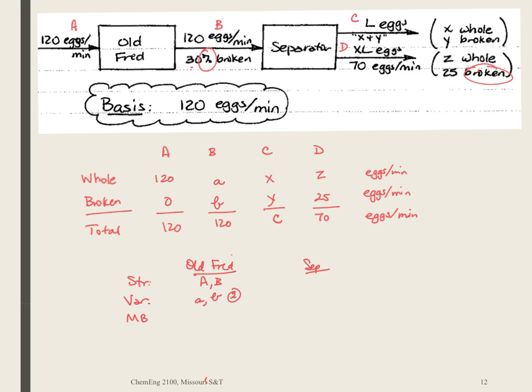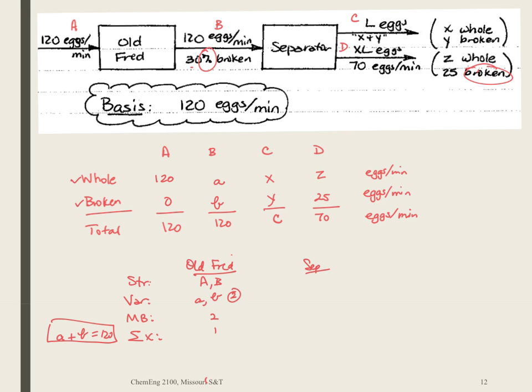My material balances, I have 2 types, so my material balances I can do whole and broken. Sum of x's, well, I'm not using mass fractions, okay? So that's going to complicate things a little bit, but in this case, what I'll have is a plus b equals 120. This is going to be a sum of x equation.